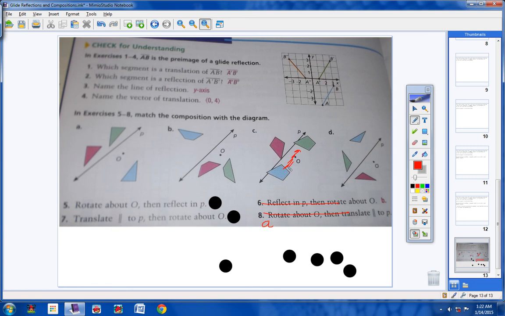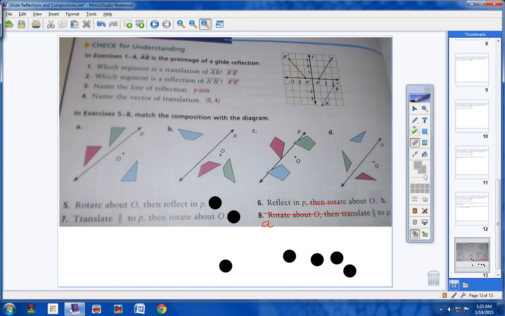So I have a translation, okay? And then look, there's no way after you translated it that you reflected this green shape to get the red shape. It's impossible. I mean, what line could you draw that would allow you to flip this over and land perfectly on the other item? So I know it's not a reflection. It's going to be a rotation around P. Okay?